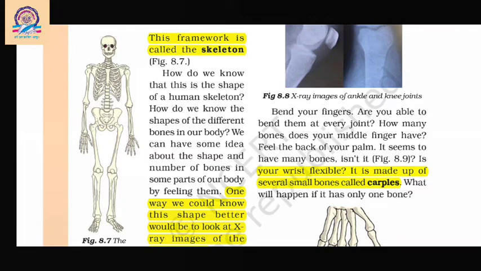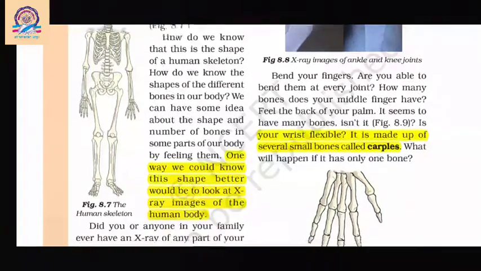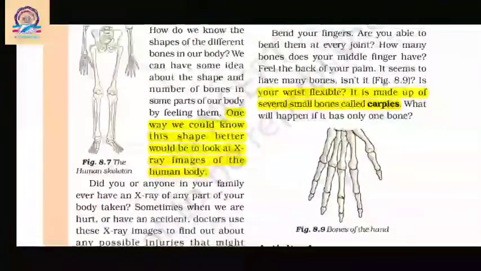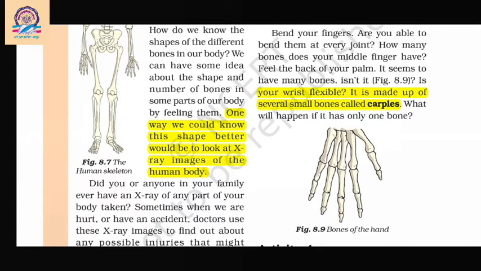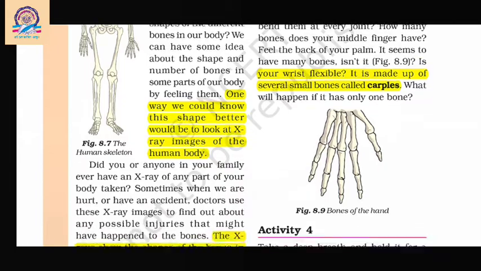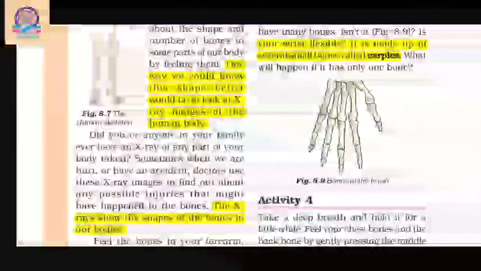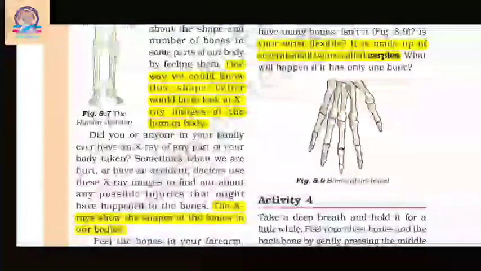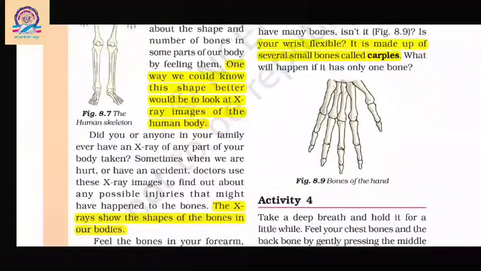So this skeleton or these bones are visible due to the X-ray. You might have had a crack in your finger or hand, and the doctor might have told you to take an X-ray, so he can give you medicine, isn't it? So what is the function of X-ray? The X-ray shows the shape of the bones in our body.